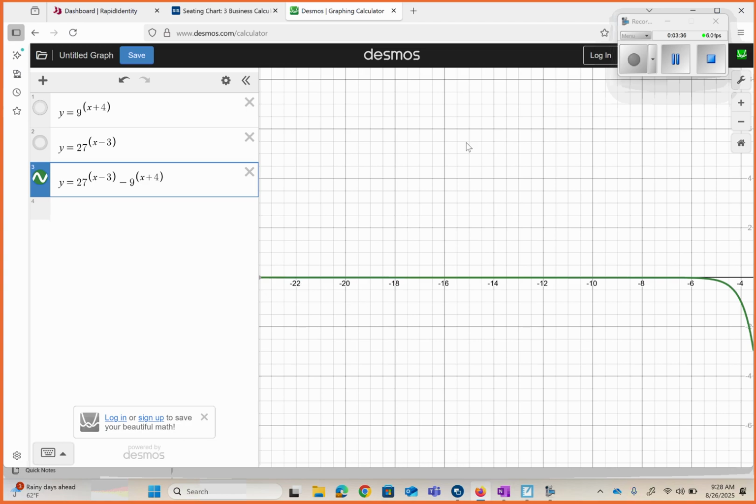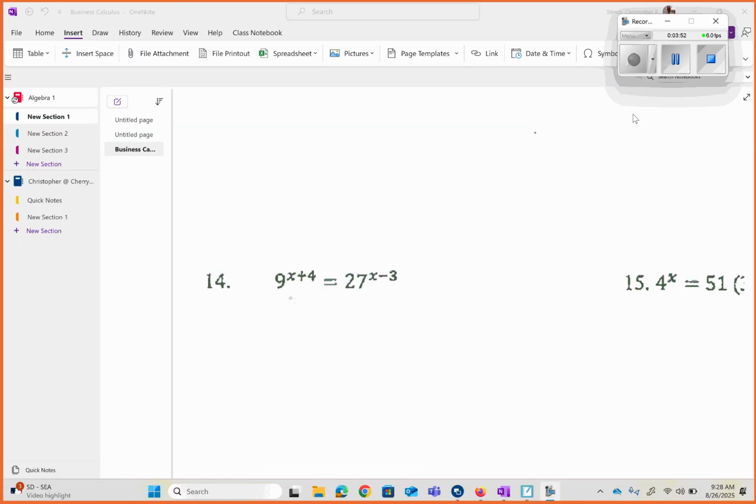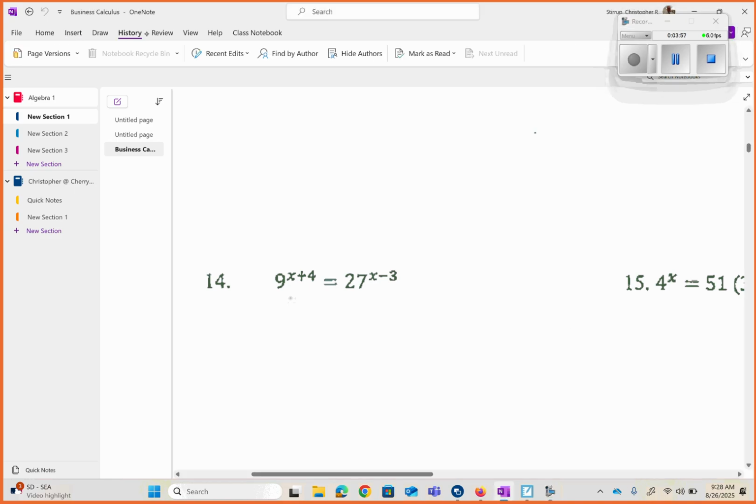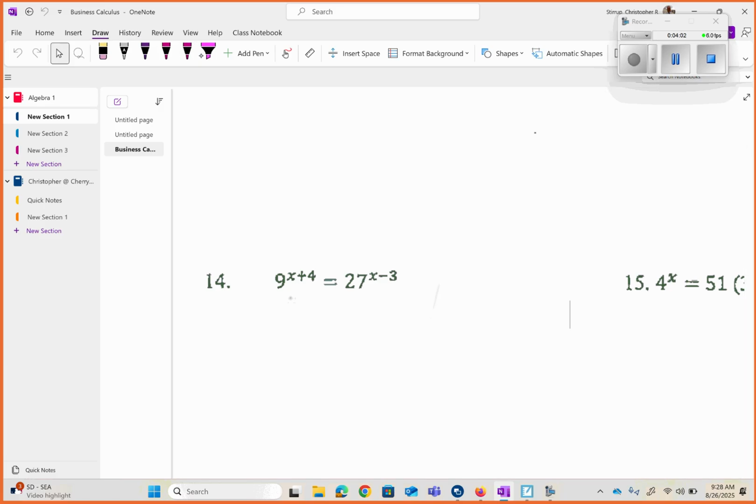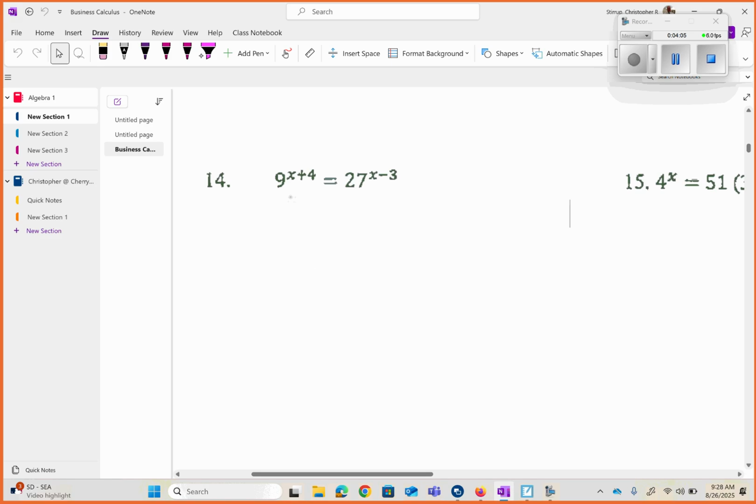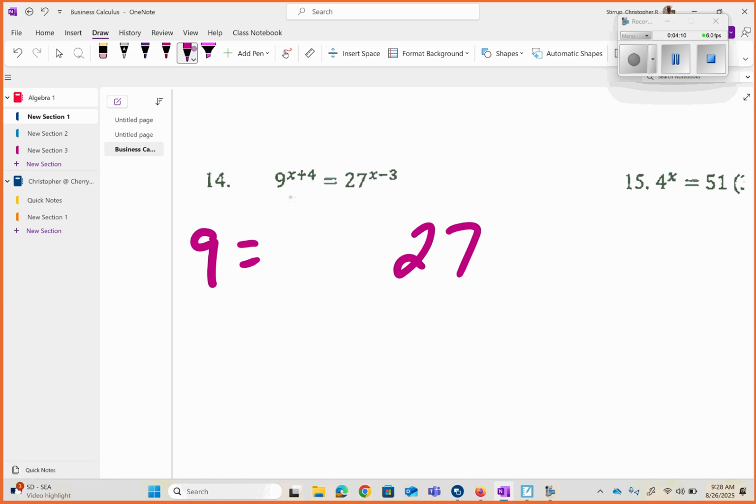All right, so now we are at kind of a weird spot to work the problem. So I think the best thing to do at this point is this. Let's go back to some things that we would be able to figure out. Are you okay that 9 is the same thing as 3 to the second?